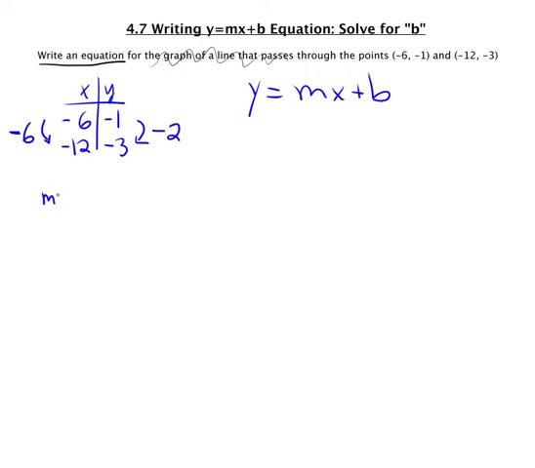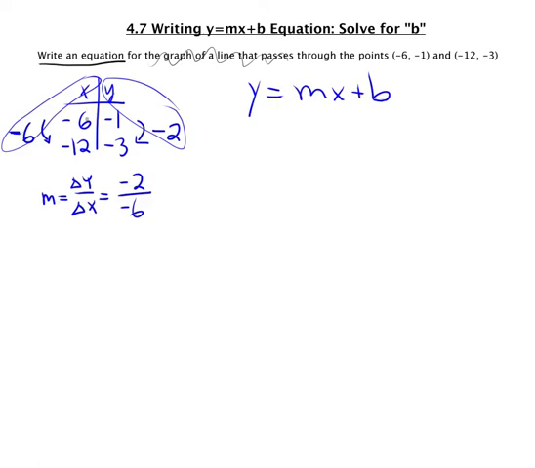So now my slope, m equals the change in y over the change in x, will be -2 over -6, because that's our change in y, and over -6, which is the change in x.